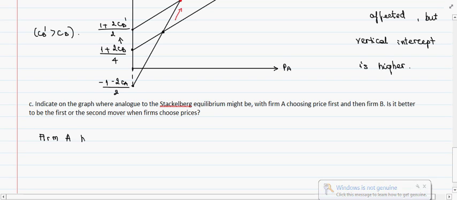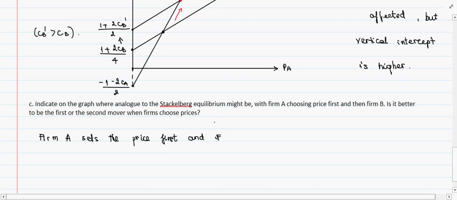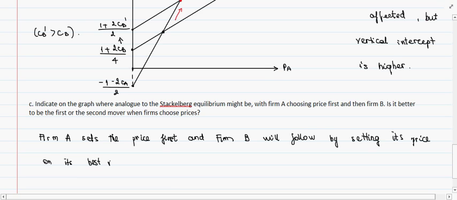Okay, so what we have is firm A will set the price first, and firm B will follow by setting its price on its best response function.